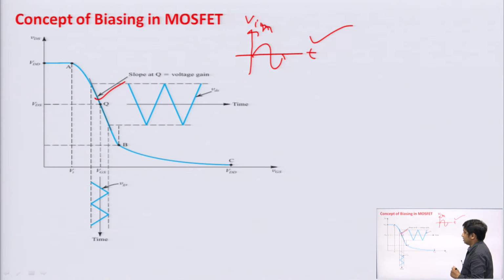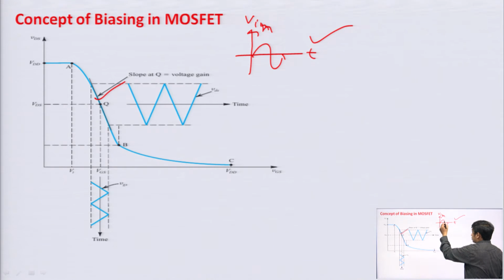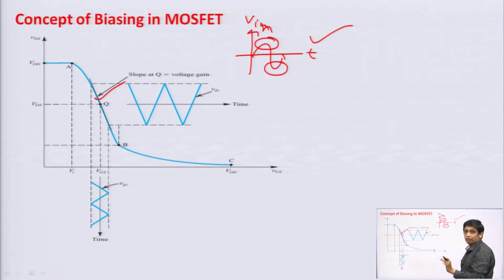So the concept of biasing is that we need to ensure the operating point Q is at the proper position. If it is not, then either the positive half or the negative half will be clipped off, that means distortion.